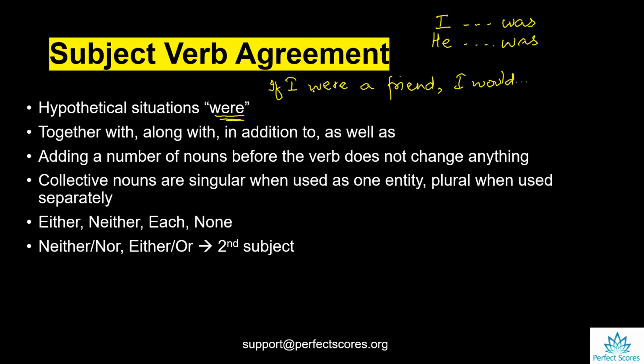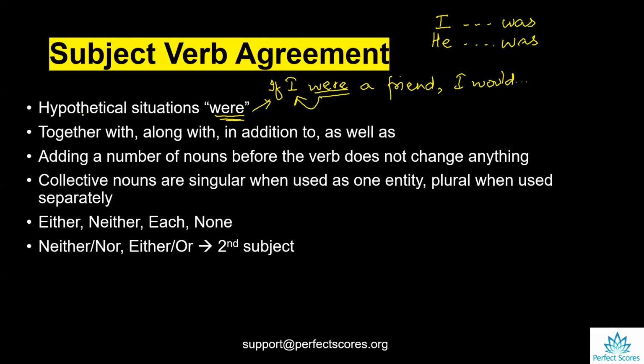So in this case, I am using were for the I, which is singular, but only because it's a hypothetical situation. So to find out if it's hypothetical or real, again, you have to look at the meaning of the sentence. And that's going to tell you if you have to use the were or you have to use the was. And how do you know whether this is being tested or not? You look at all the options and you see if a few options are using were and the few other options are using was. So that's one important rule.